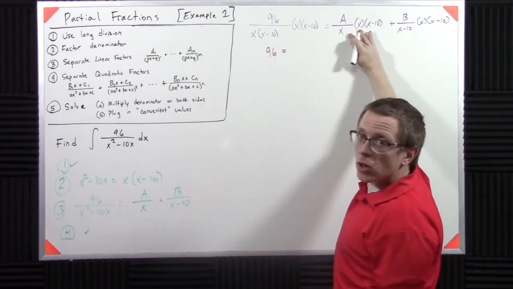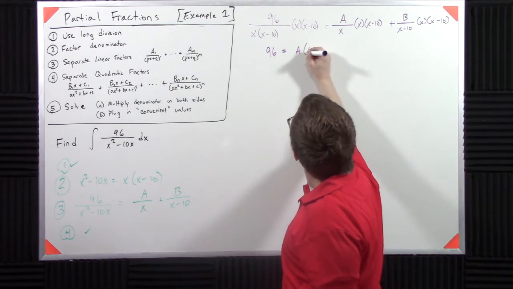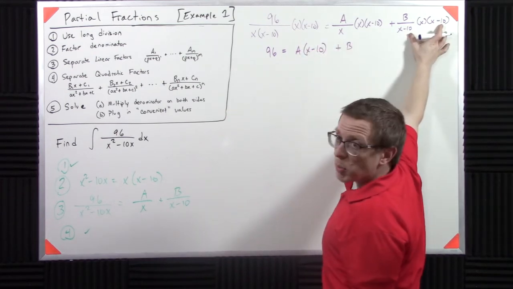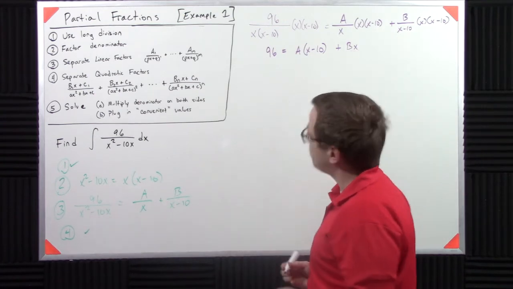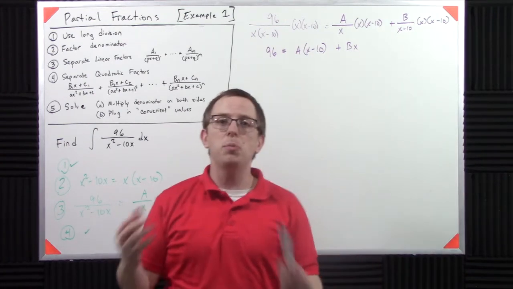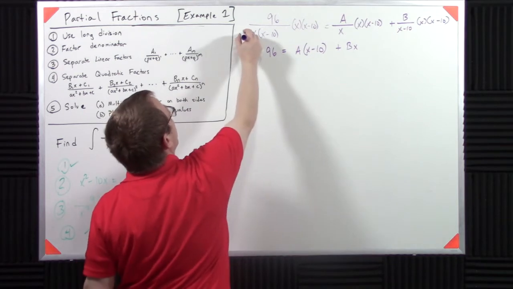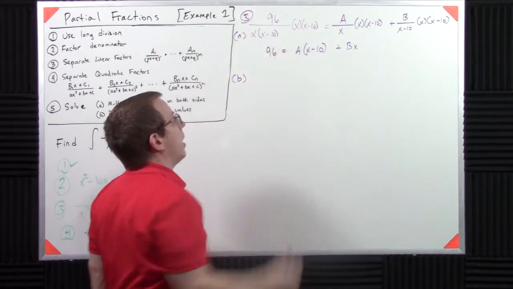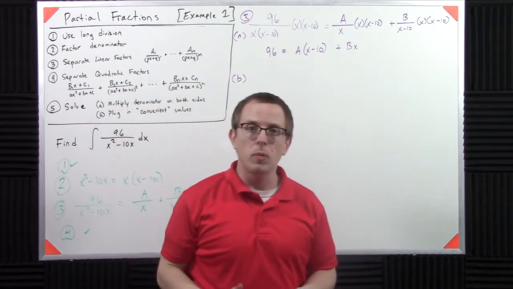And then the x's are going to cancel, so I'm going to have A times x minus 10. And then the x minus 10 is going to cancel, so I have Bx. So that's part A, again of step 5. And part B is next.